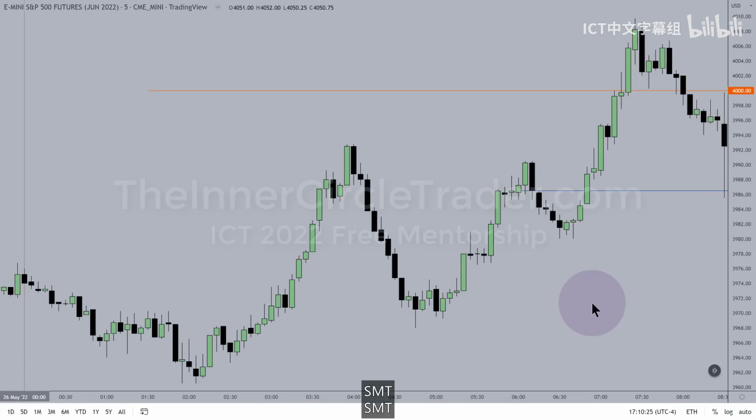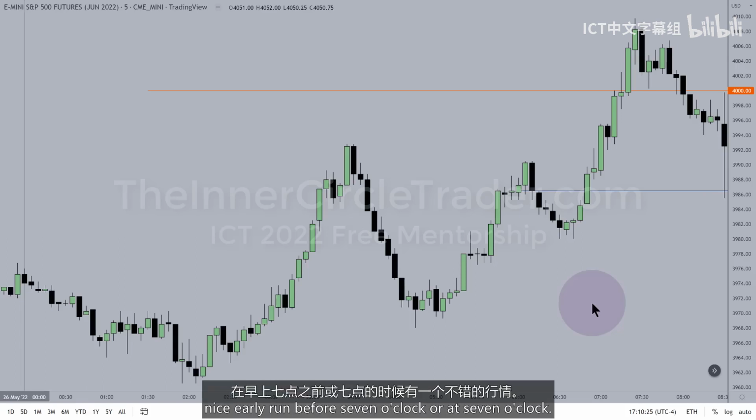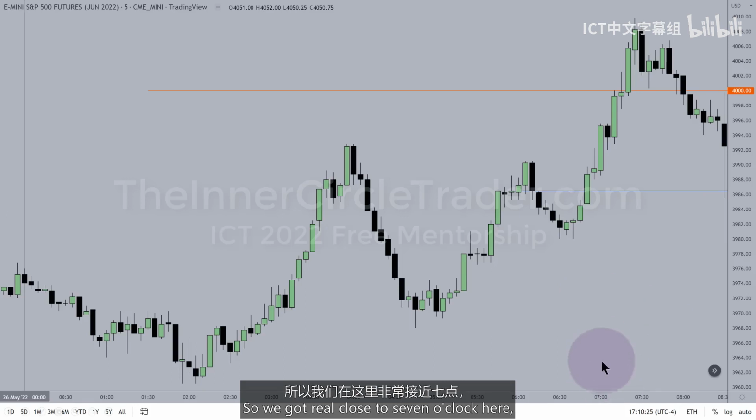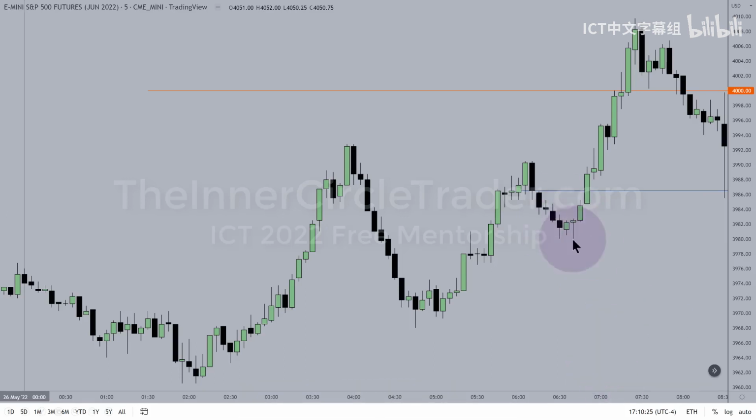SMT usually will occur around a 9:30 time period when there has already been a nice early run before or at 7 o'clock. So we got real close to 7 o'clock here, but I'm not limited to this model.